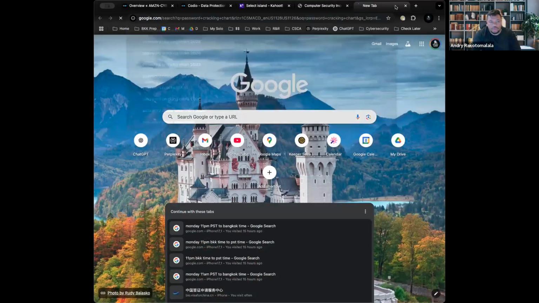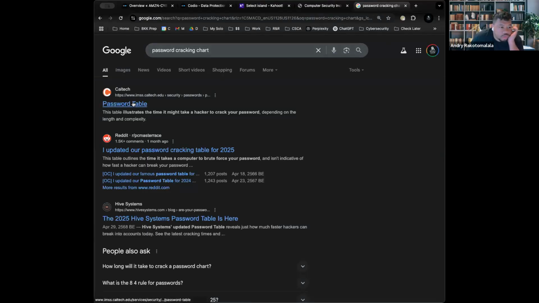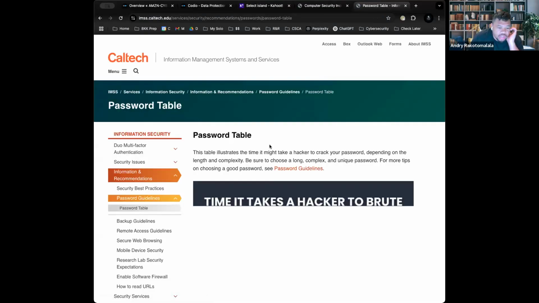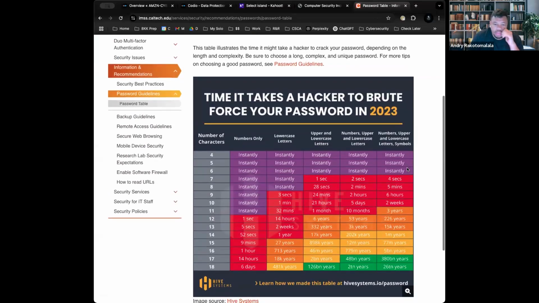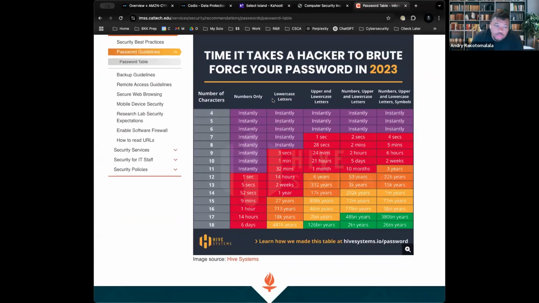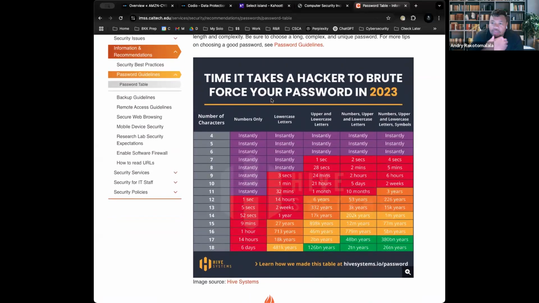I think, hacking chart. So I believe that there is an image out there. Okay, yeah, this is it. So this is old. This is back in 2023, but this is an example of cracking a password, right? Typically, most passwords should be encrypted.